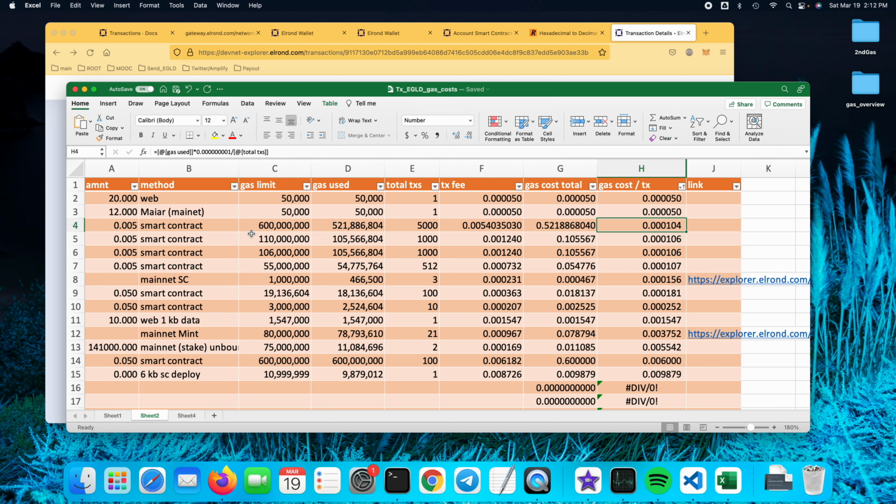So that's what it comes down to. That's the number, and that's what you're going to get. The cost of a transaction on a smart contract at best is going to be twice, and sometimes much more, than any other method. So there you go.